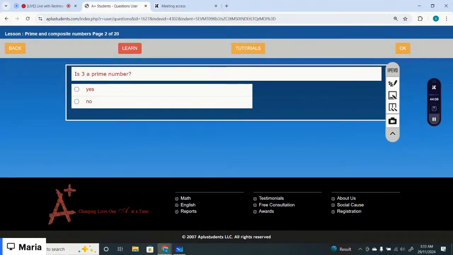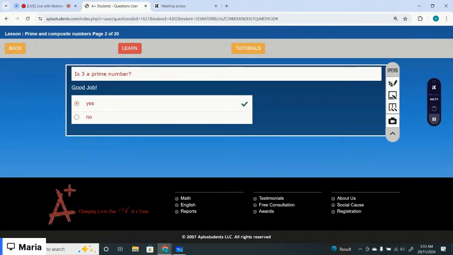Is 3 a prime number? Yes, 3 is a prime number because 3 has only two factors, 3 and 1. You don't have any other two numbers that when multiplied make 3. So 3 is a prime number.